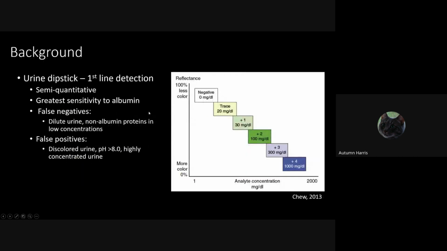Okay. So some of the background for this article is that I think most of us know that first-line detection of proteinuria is commonly accomplished using urine dipsticks as part of the urinalysis. It's semi-quantitative using bins, so there's a lot of overlap between categories, and it's maybe not the most accurate, but it has the greatest sensitivity for albumin over some of the other types of proteins.